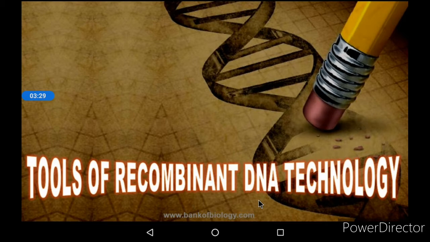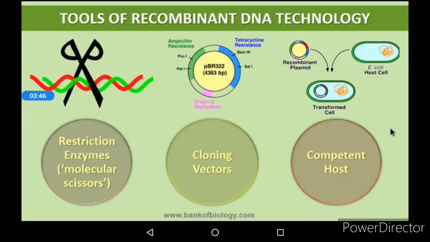Then we will see the term enzyme ligase, which helps to attach or stick this selected DNA, that means the gene of interest, to the plasmid DNA, which we will see in the coming slides.